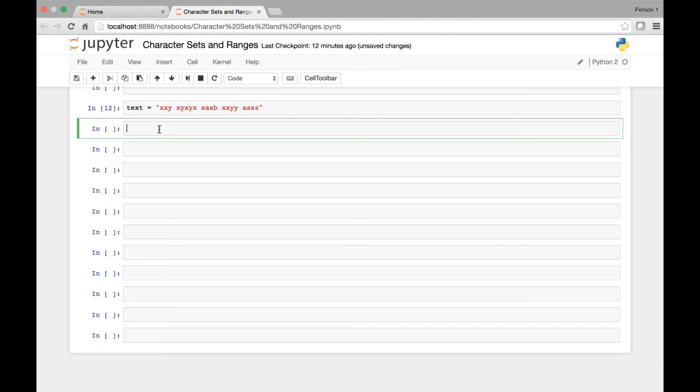So in this text string, let's say I want to find X not followed by one or more X or Y. For that I can say re.findall, then r, I have my pattern, and then my text.